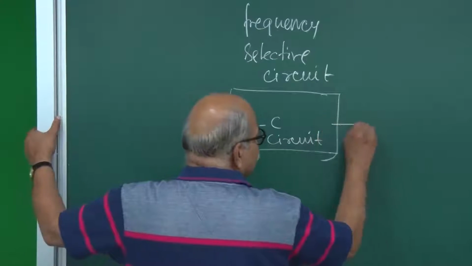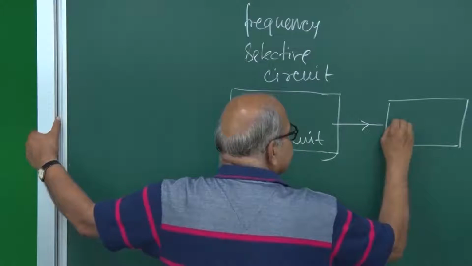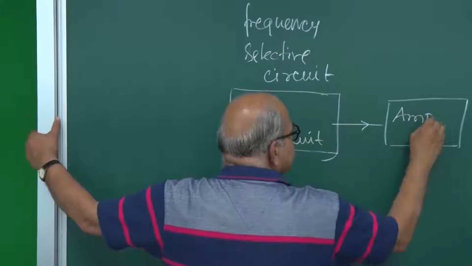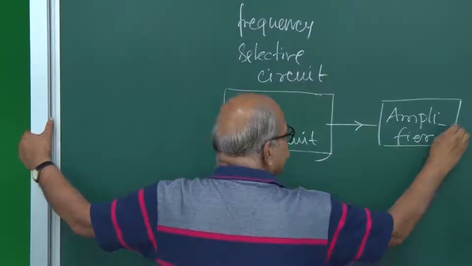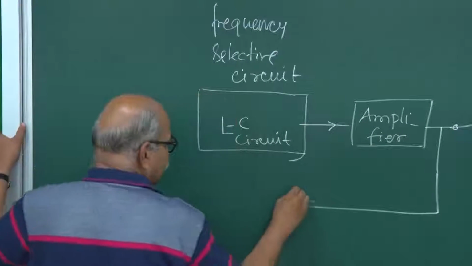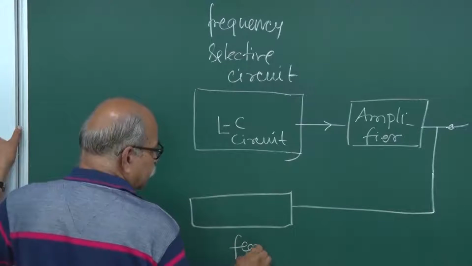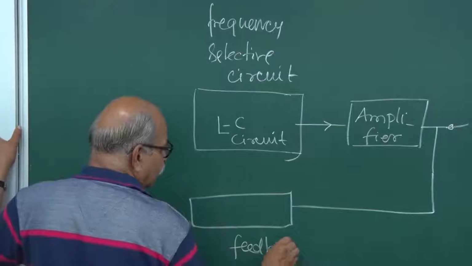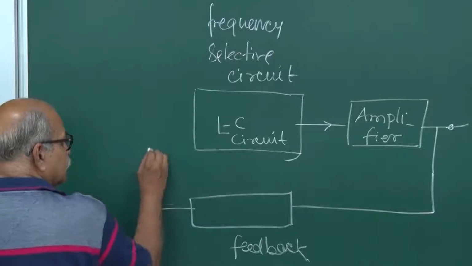And then the voltage goes to an amplifier, and this is where the transistor comes into the picture. From the amplifier you take your output also, and then you have a feedback mechanism. This feedback circuit then gives signal.